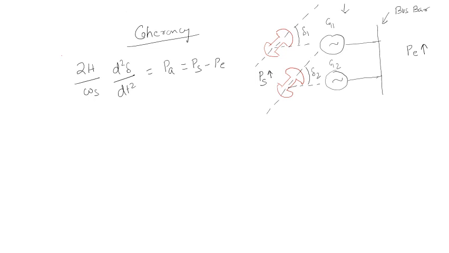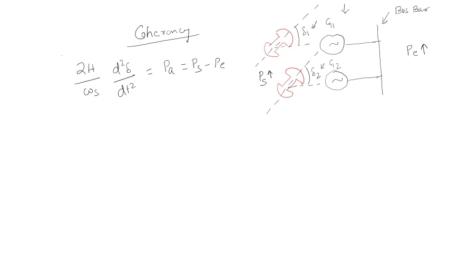That means if delta 1 and delta 2 change by the same amount for an increment in the power, that is, if these two machines are swinging together, then they are coherent. If delta 1 and delta 2 are different, these two machines are not swinging together, that is non-coherent. Now we'll check it here.